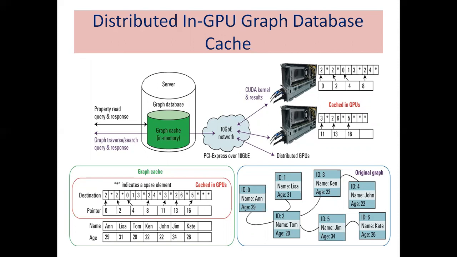In the next one, we can see the kernel and results. In the two boxes, we can see the graph caching and the original graph, and the connectivity of the two boxes. In the last one, the original graph, the connectivity of the two vertices or nodes by the edges clearly represents the graph database.